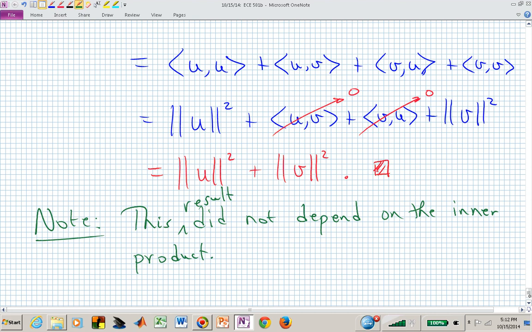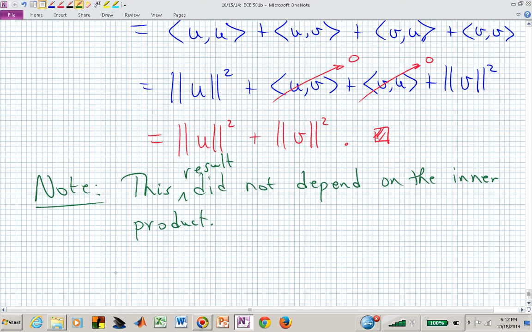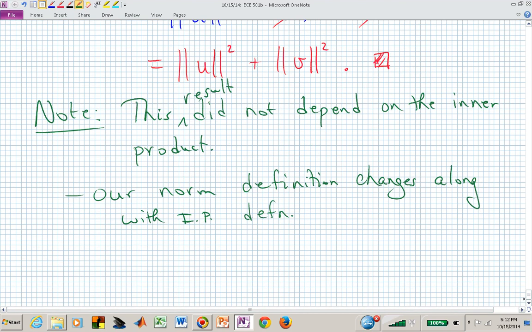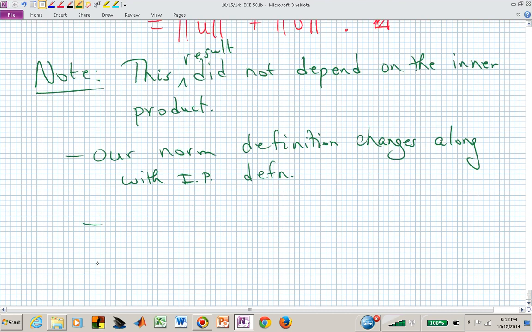Whatever we pick for the inner product, our norm definition actually changes along with the inner product definition.